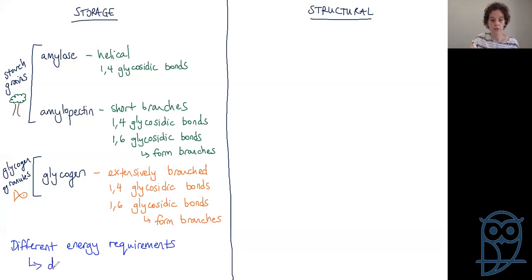And this leads to different storage molecules. If there was no difference in function, there would be no difference in structure because the two are so tightly linked. So the fact that glycogen has a different structure to amylose and amylopectin means that there must be some reason. There must be a functional difference here.